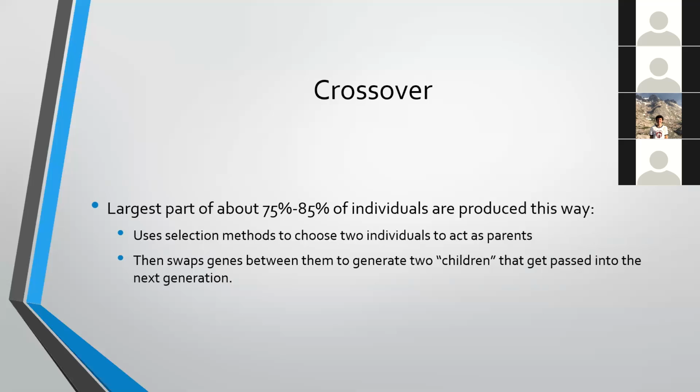So this ends up being the biggest part, because this is usually where the big gains come from. This is usually where you get the sudden jumps in fitness score between generations.